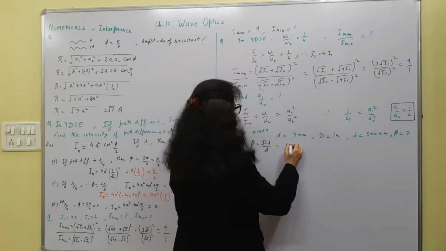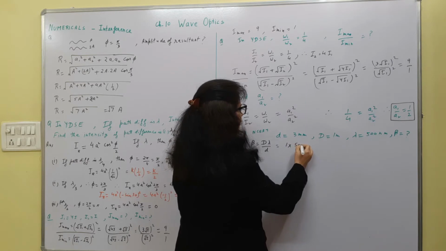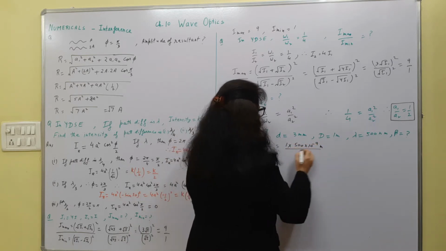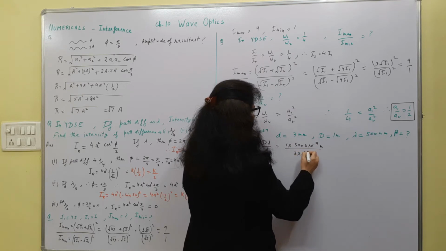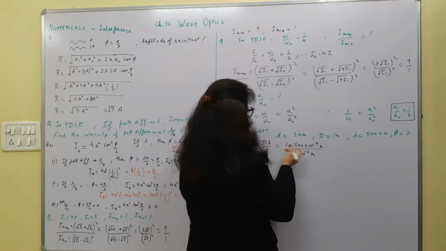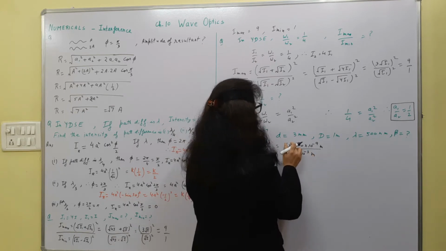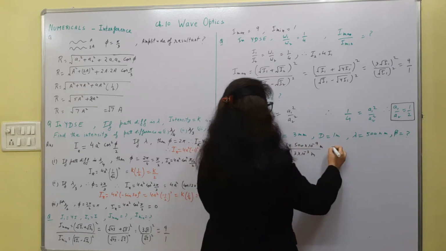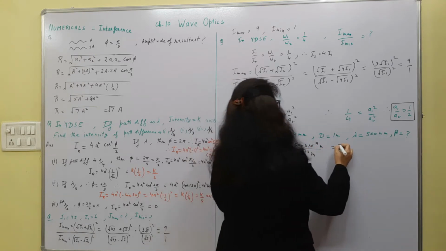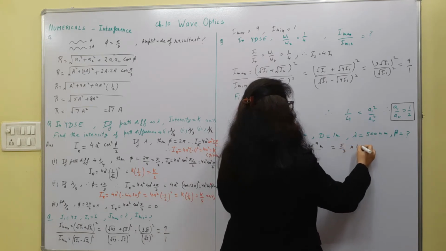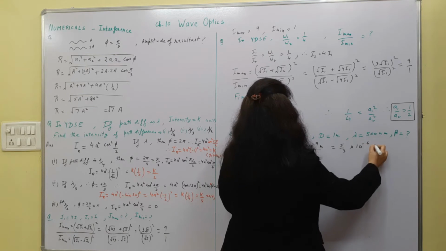1 into lambda is 500 nano, 10⁻⁹ meter, upon 3 millimeter means 3 into 10⁻³ meters. And this is also 1 meter. So the answer will be in meter. We can solve it. This is 5 upon 3 into 10 to the power minus 6 meter.